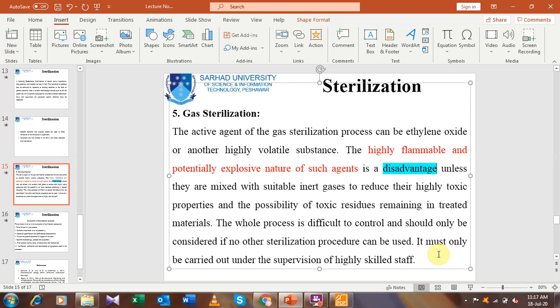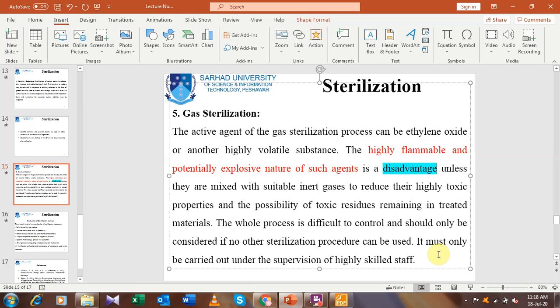If any other method of sterilization can be performed for the material, then we will not focus on this one, and we will prefer the other method, because controlling this process is very difficult.